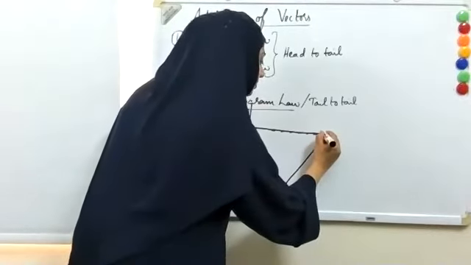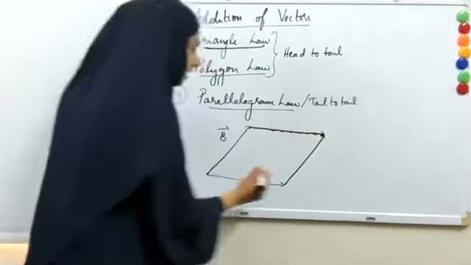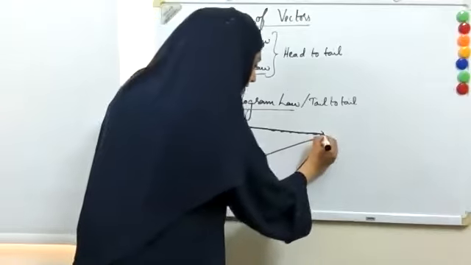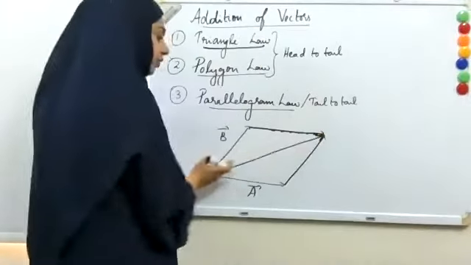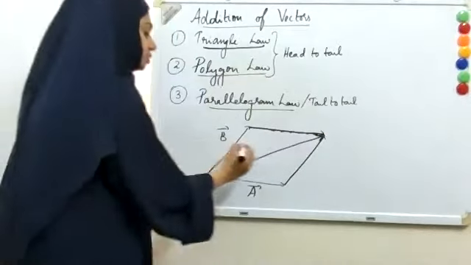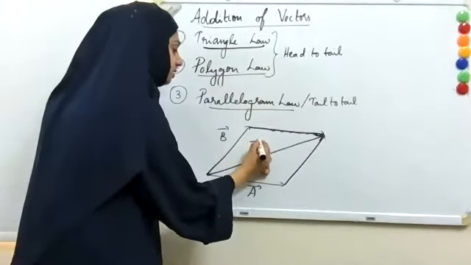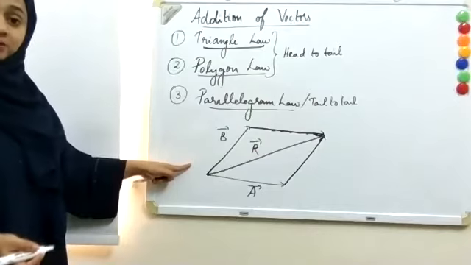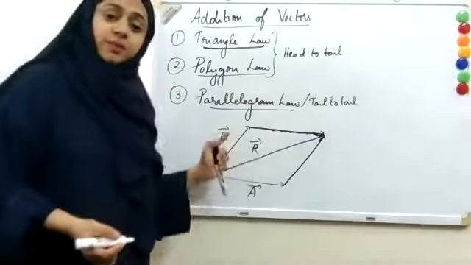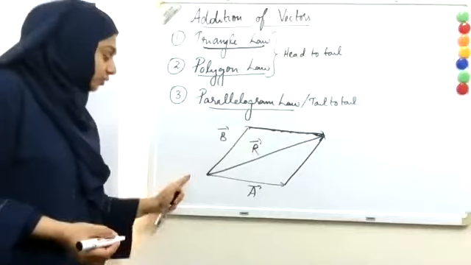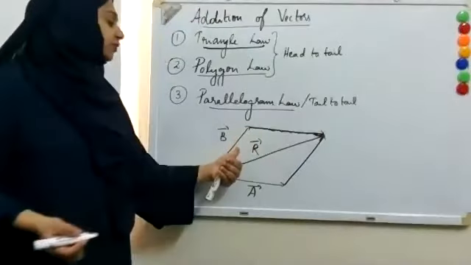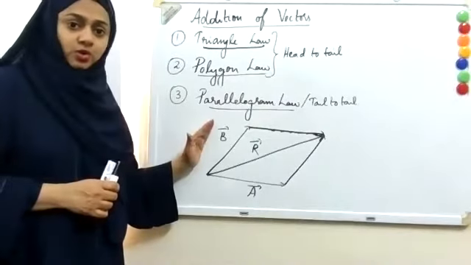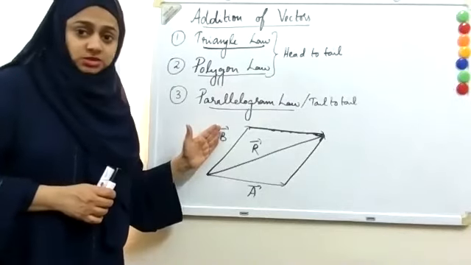So the parallelogram gets closed and then the resultant is a diagonal drawn from this starting point to the other end. So this will give you the resultant vector. So this is how you use the parallelogram law. You have to complete the parallelogram and then draw the resultant. Then you will get the resultant of these vectors. Is this clear to you, how the parallelogram law works?